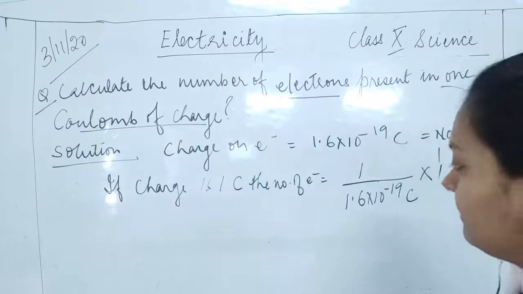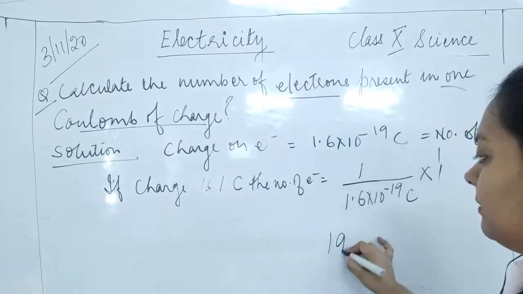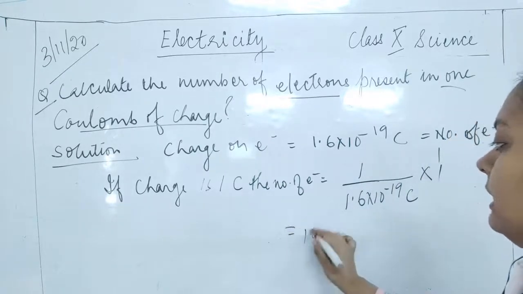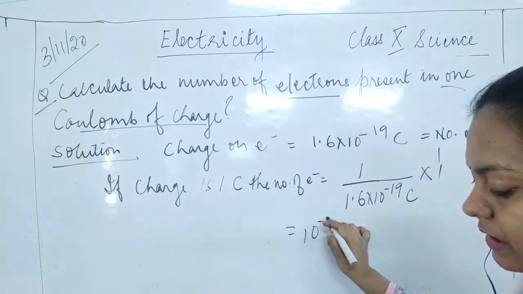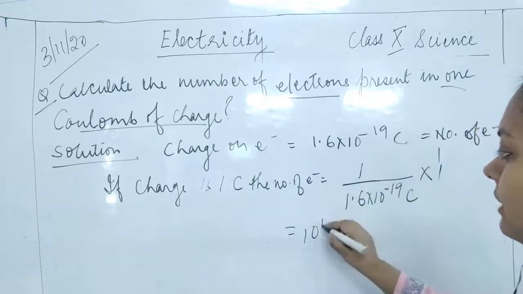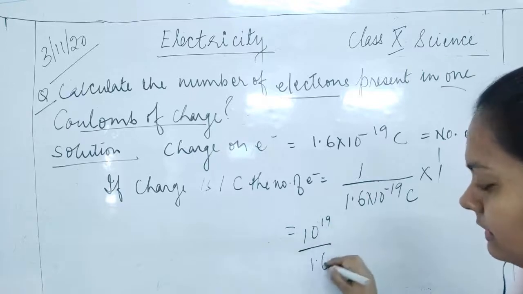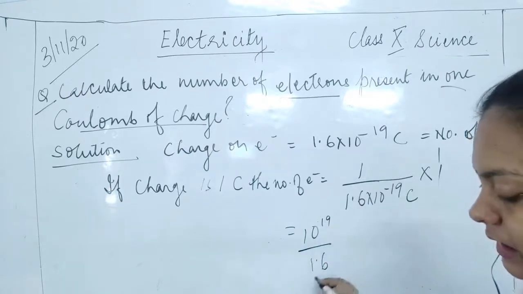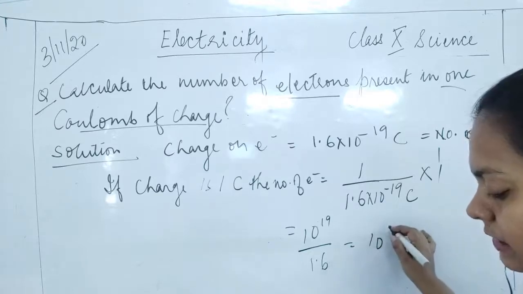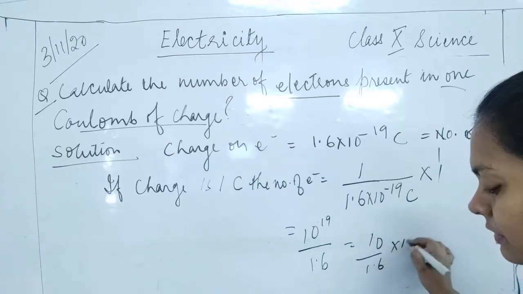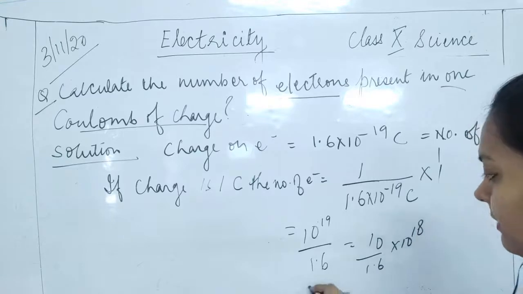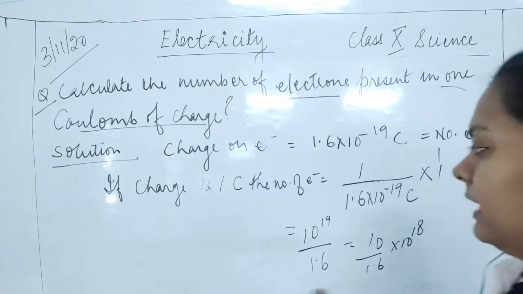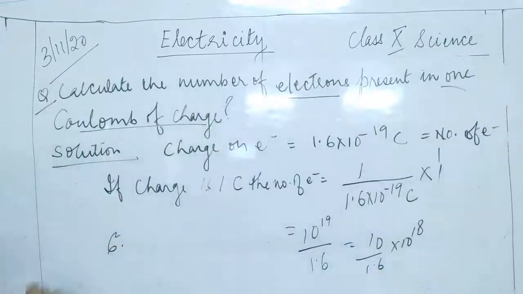Okay, so the answer becomes, the 10 to the power minus 19 goes up and becomes plus 19, so it is 10 to the power 19 upon 1.6. You can easily do this, and then it becomes 10 upon 1.6 into 10 to the power 18, and it becomes 6.25 into 10 to the power 18.